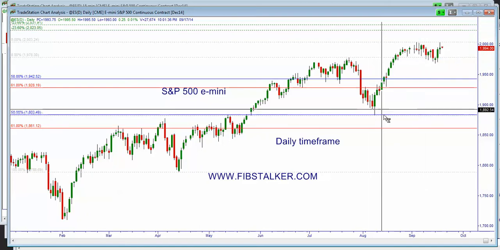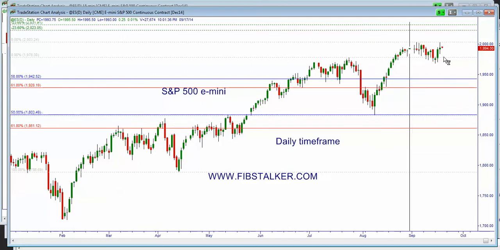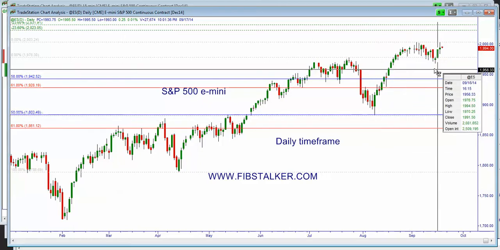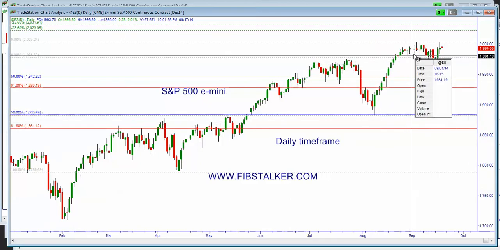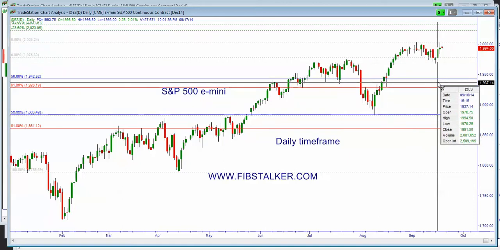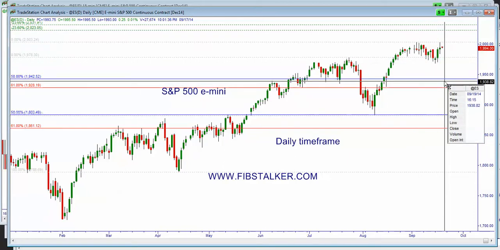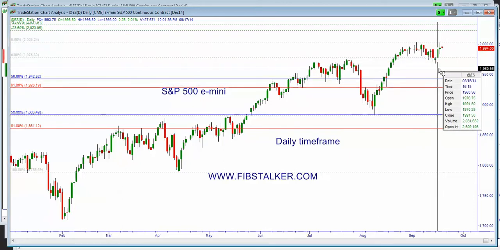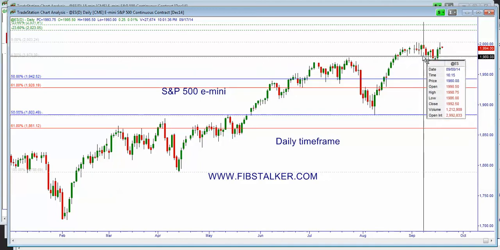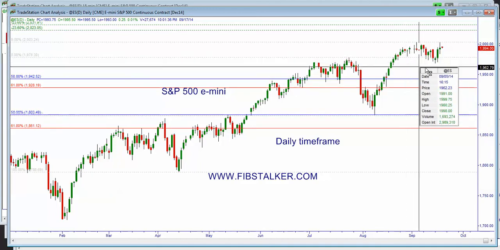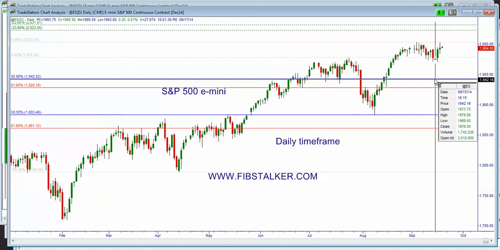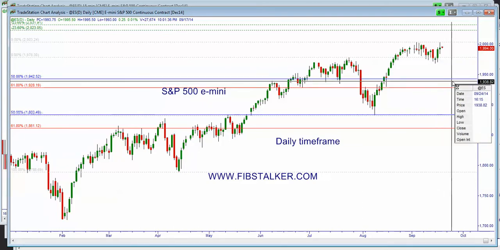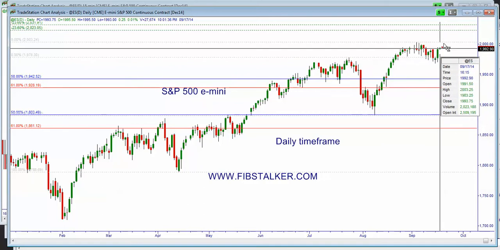This is the first target of this larger area of support here, and in the previous weeks I've indicated this 1942 level, which could be a potential level of support. Actually, I didn't indicate it in the previous week, but I indicated this on Sunday when I resumed my analysis. The market never got there, just continued higher.